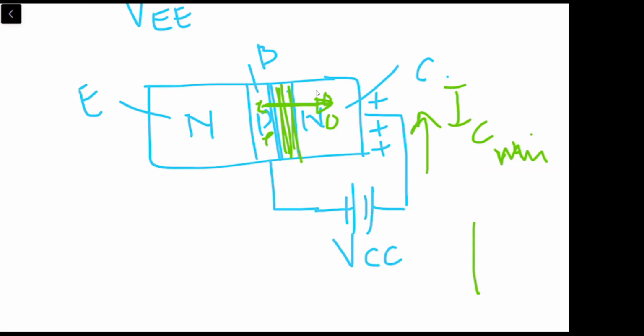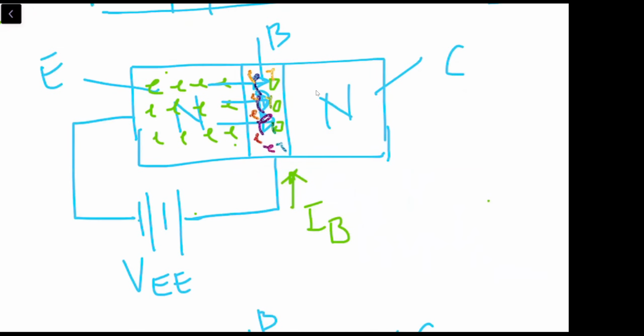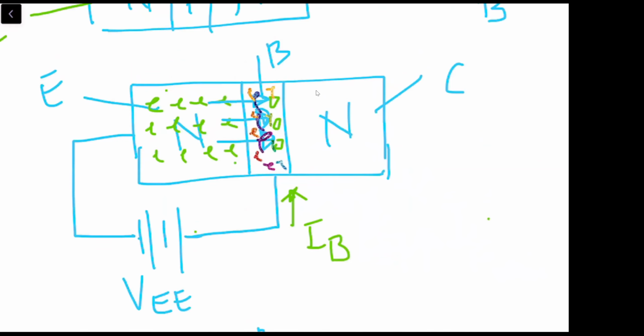Sir, please repeat, I did not understand this. Okay, let's see it again. What I am saying is that at the emitter base junction, we have the flow due to the majority carriers.